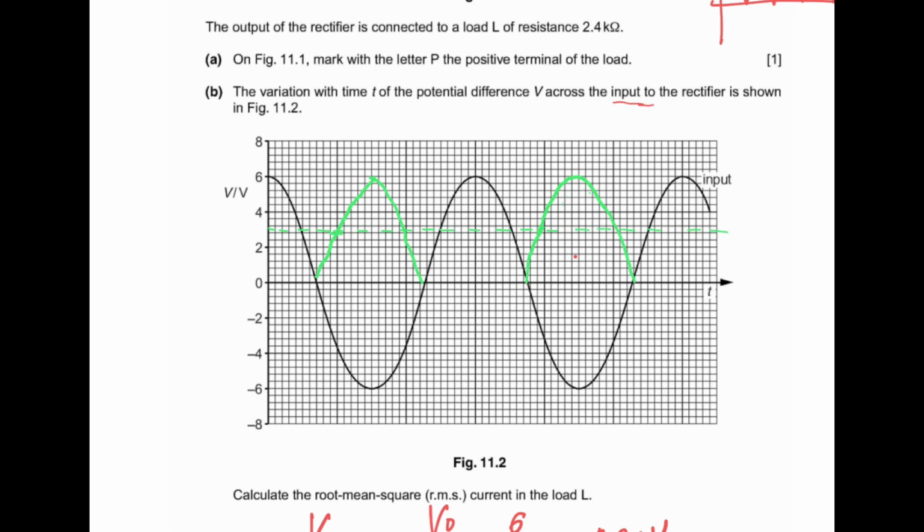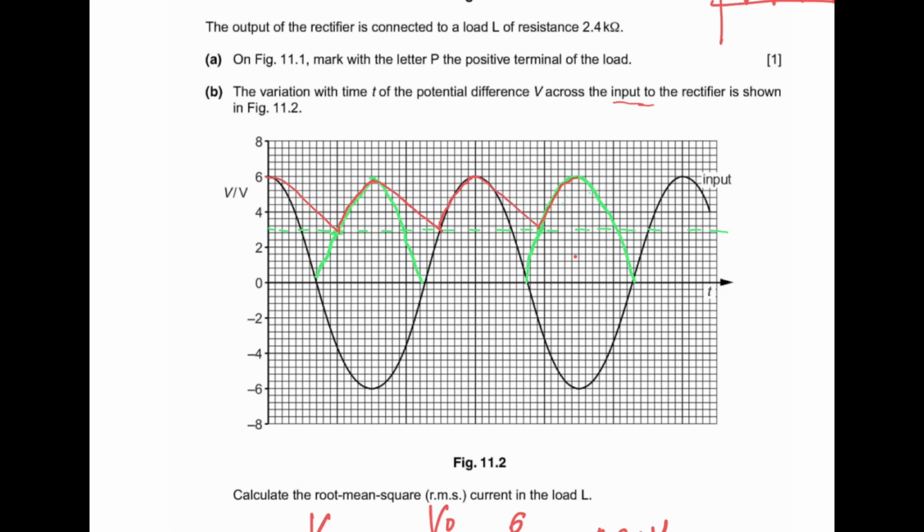Okay, now let's say I use red color. When it discharges, draw a straight line. Then when it charges, follow the curve. Discharge, straight line. Then follow the curve until maximum. Then draw a straight line to the minimum.